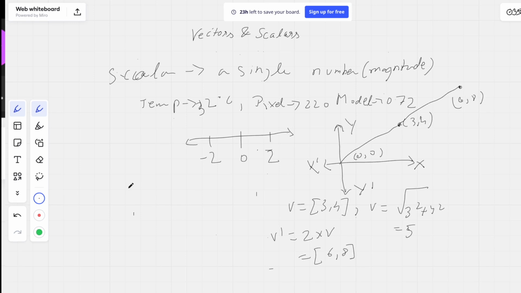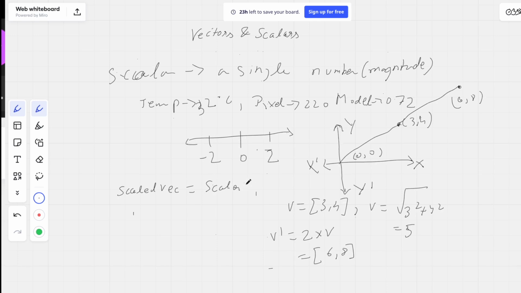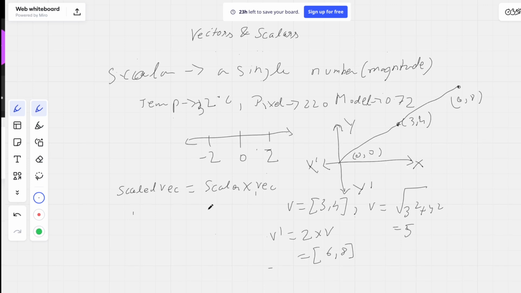So we can say the scaled vector is equal to scalar cross vector. This is a simple rule: a number scaling a direction lies at the heart of every matrix multiplication and neural layer.